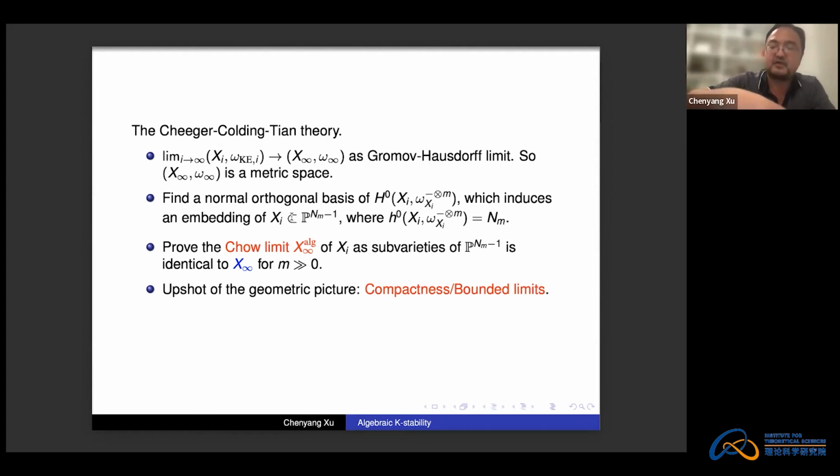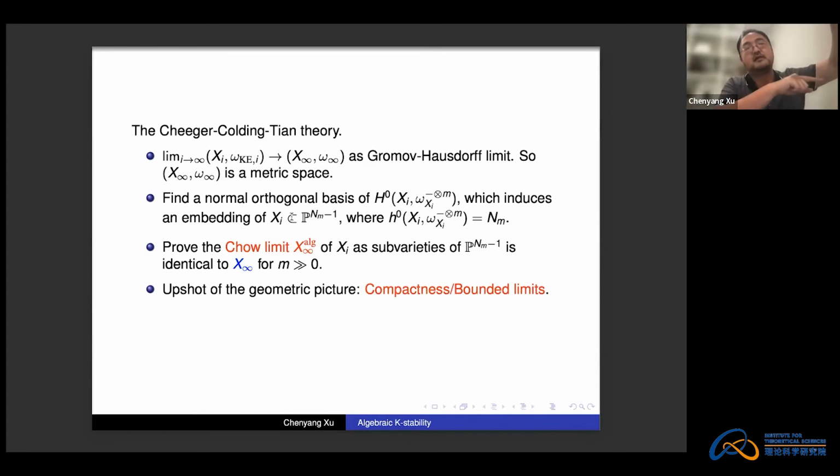And now I have a sequence of these, but going to a subsequence, I can assume they have a Chow limit. And this Chow limit will not depend on the embedding. So in general, of course, if you have a different family, if you move your points in your orbit, the limiting point might not be on the same orbit. So for instance, you have a family of P^1, then the limit breaks into two P^1.